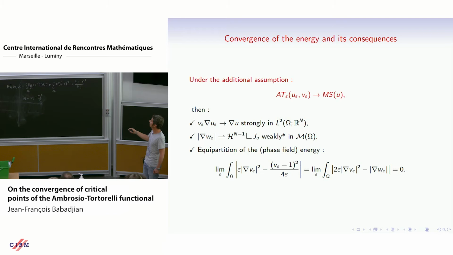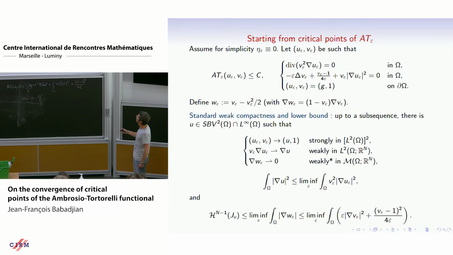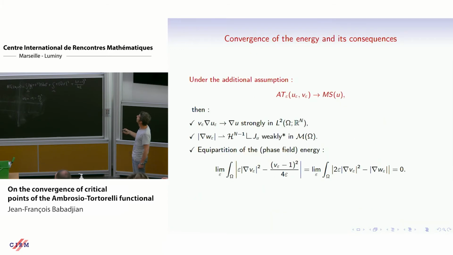This is our main assumption with which we are going to work, and I'm going to comment on that maybe at the end of the talk. Thanks to this assumption, we can improve this weak convergence result stated here into essentially strong convergence.